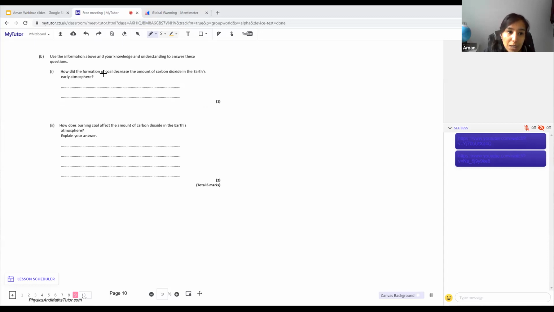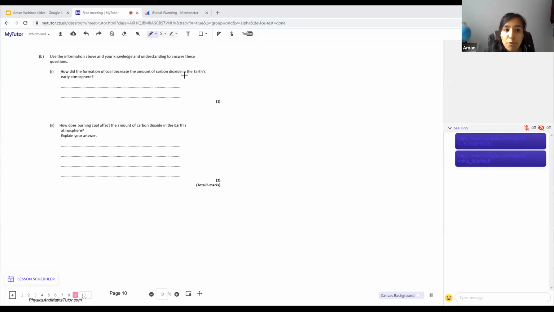Now, the reason that photosynthesis is an answer for this question is because coal is formed from plants. So you'll remember last week we went over how the fossil fuels are produced. And coal is one of the fossil fuels that's produced by plants being buried under lots and lots of rock. And when they're buried under lots of rock under high pressures, coal is produced. So the formation of coal came from plants.